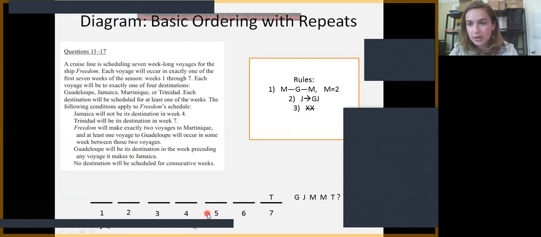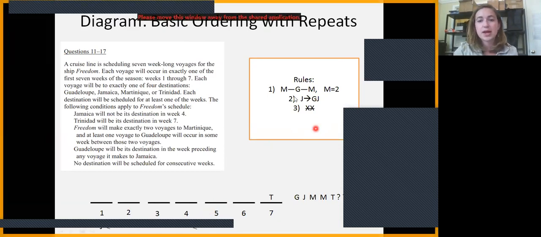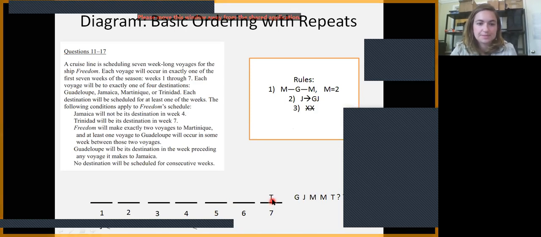And if possible, I always try to put rules directly on the diagram. So that's why I have a little rule box over here for anything that doesn't fit on the diagram. But since J is not in 4 fits directly on the diagram, I put it there. It's going to be easiest for me that way. T is in 7, also goes directly on the diagram.